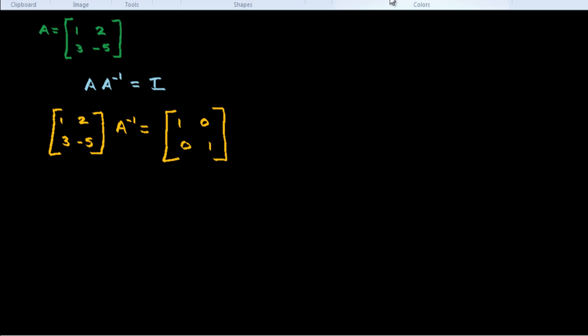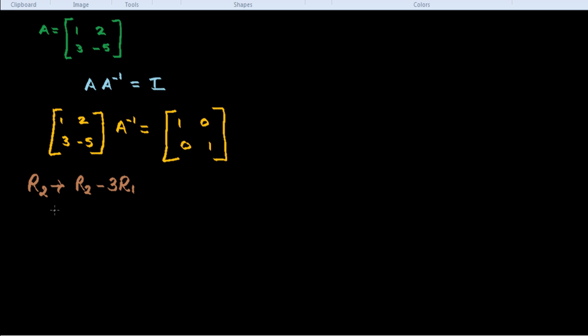So what we have to do? R2 tends to R2 minus 3 R1. From the first row, we multiply by 3 and subtract it from R2. Just a moment, this is R2, not R3. R2 tends to R2 minus 3 R1.